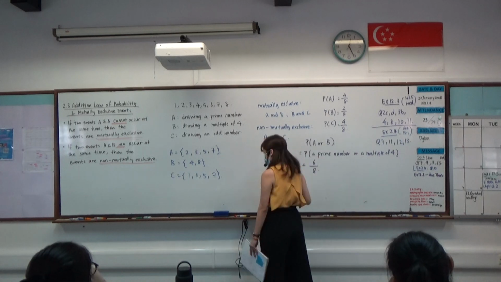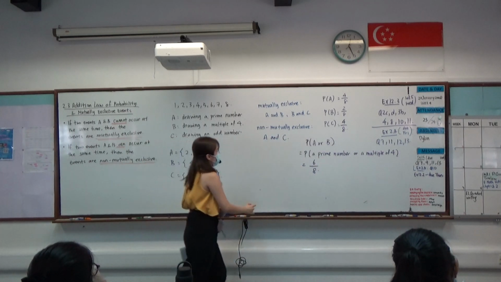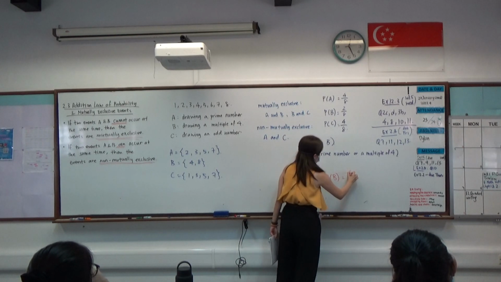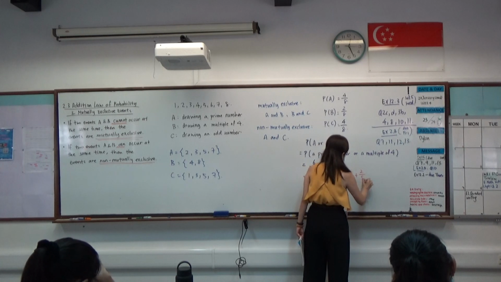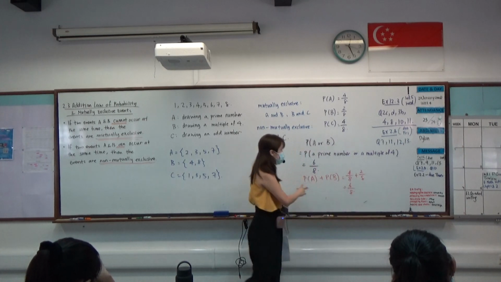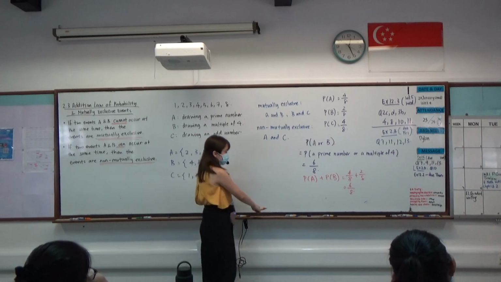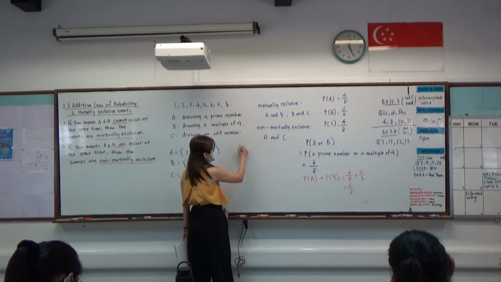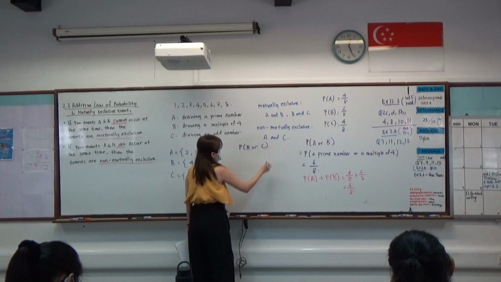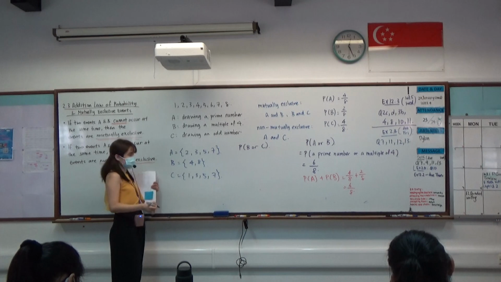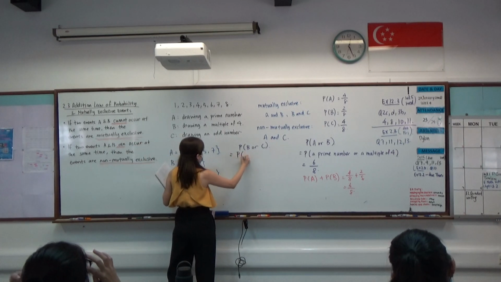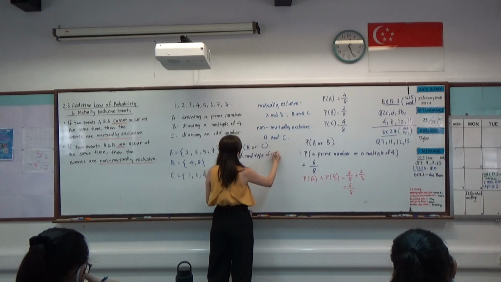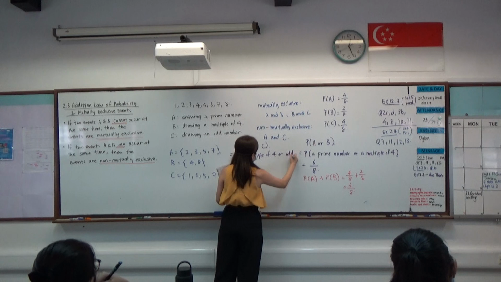Okay, so we observe this. Now what if I chose to compare between B and C? So the probability of B or probability of C, meaning to say probability of getting a multiple of 4 or an odd number.